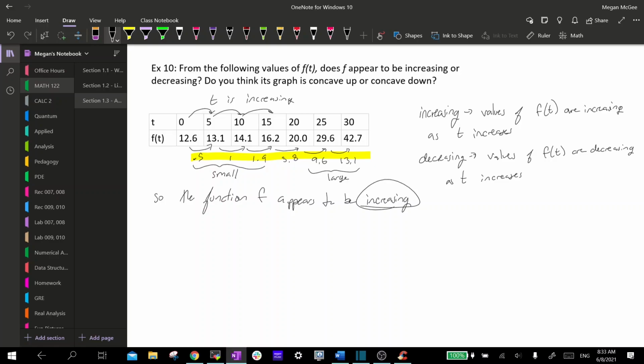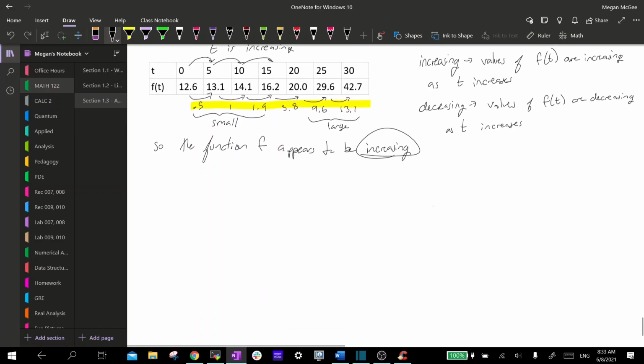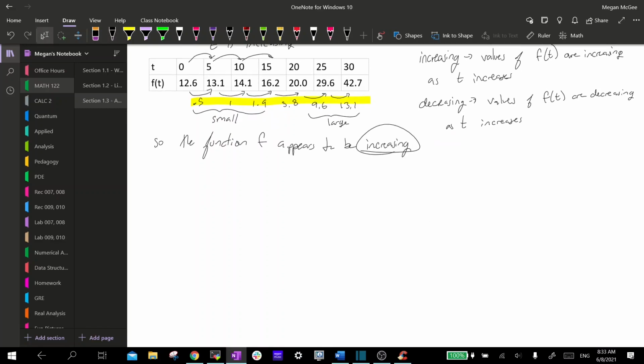Small, large increases, right? So if we maybe try to draw a picture of what this would look like, we know something that's increasing has to go up. Okay, but it's not linear because these increasing amounts are not the same, right? So it's not this line, but it's got to go up a little bit. So we're going to start here. We're going to increase a little bit at a time. So we're increasing by half, increasing by 1, increasing by 1.9.